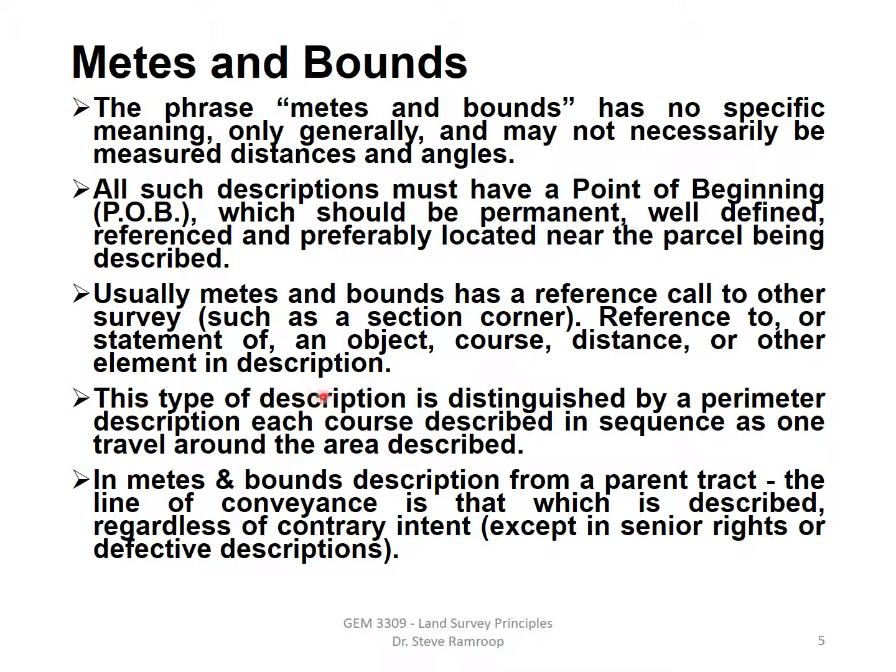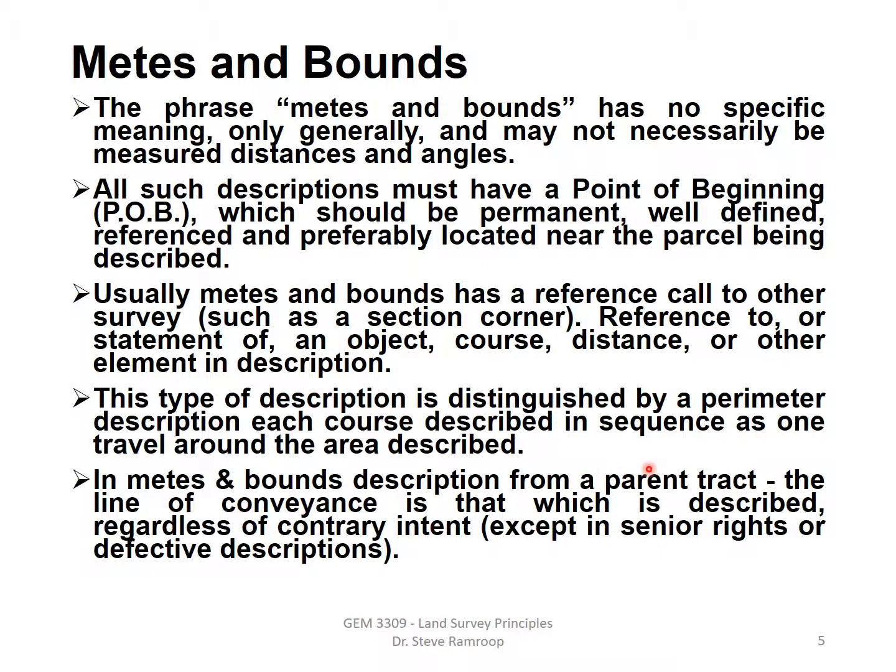The better you can tie down those boundaries in your description, the easier it is for retracing surveyors to come back and find where the original monuments were placed. This type of description is distinguished by a perimeter description, each course describing a sequence as one travels around the entire area described.